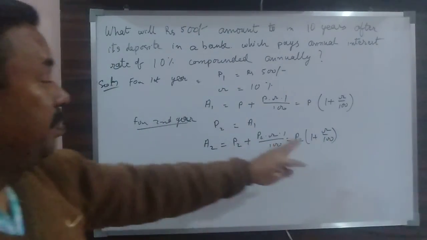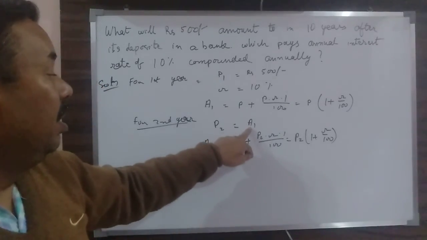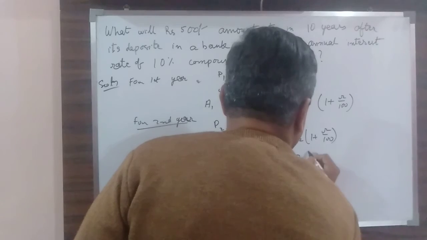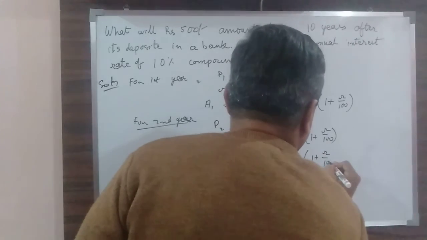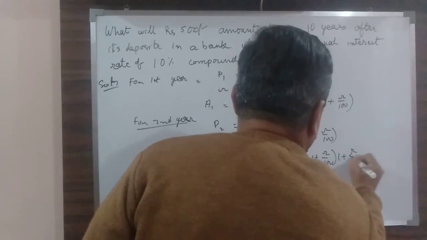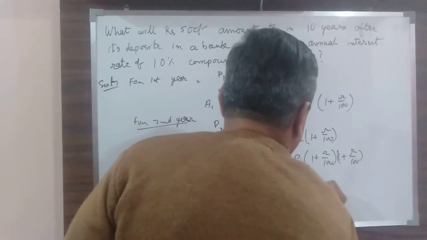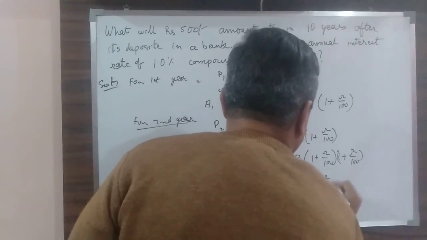But what is this P2? P2 is actually A1, and A1 is this. So I can write it as P into 1 plus R by 100 multiplied by 1 plus R by 100, or in other words P into 1 plus R by 100 whole square.